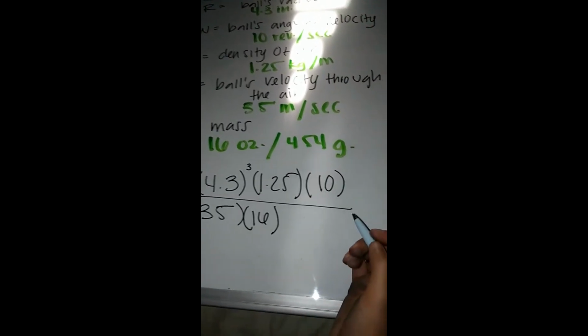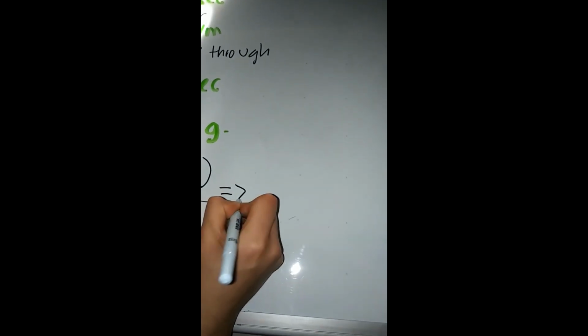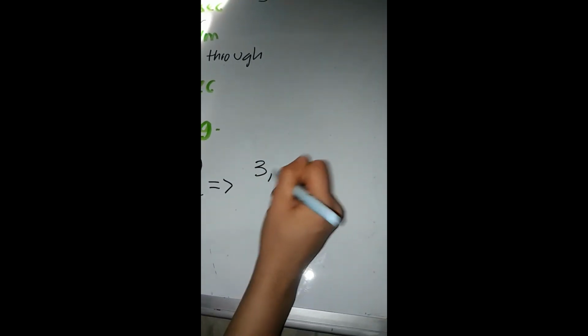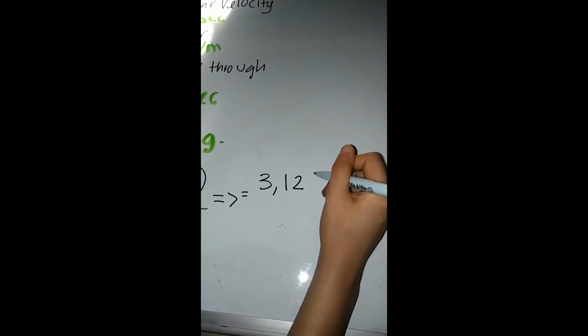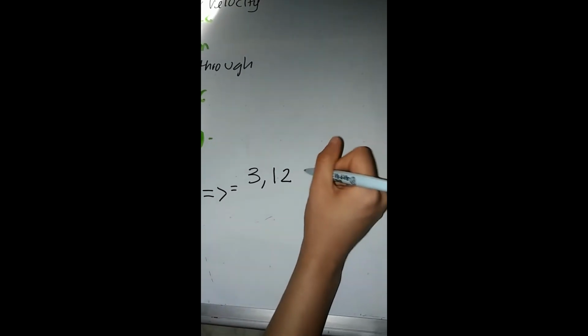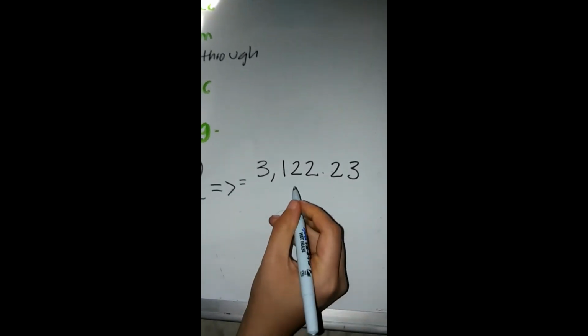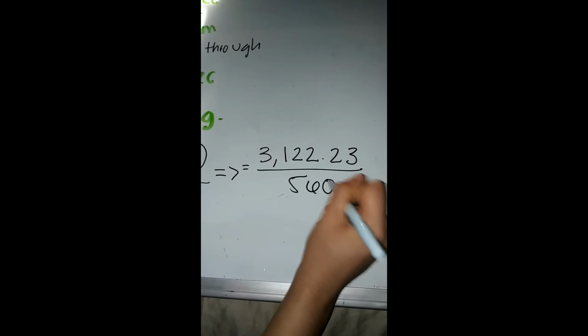When simplified, I will get 3,122.23 over 560.